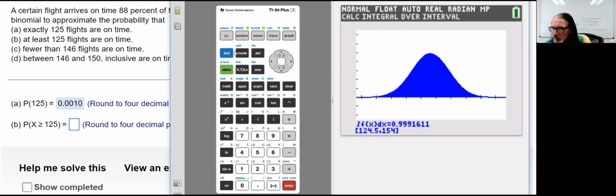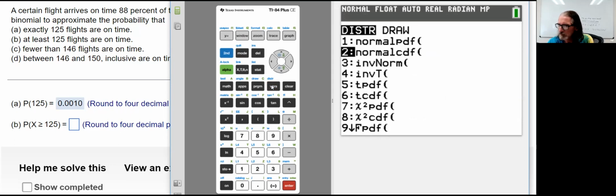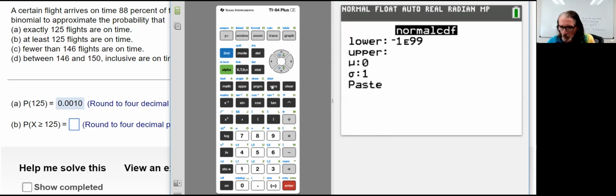Let's see what happens when we use normal CDF this time. So again, with the continuity correction, half a unit left. It can't go to infinity, so we put in the largest positive number that we can.